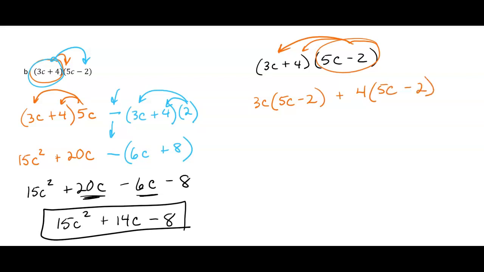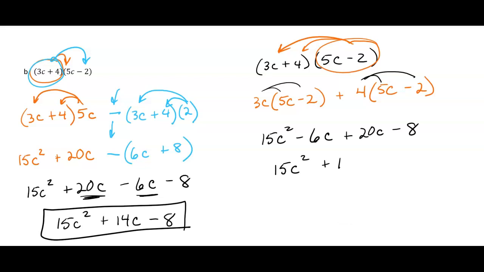You're going to like this better, I think. Then we're going to distribute here, so 15c squared. We're going to get the same answer, minus 6c. And then it's going to be plus 20c plus a negative 8, or minus 8. Okay. And then we're going to combine. So you might like this way better. And we get the same answer.